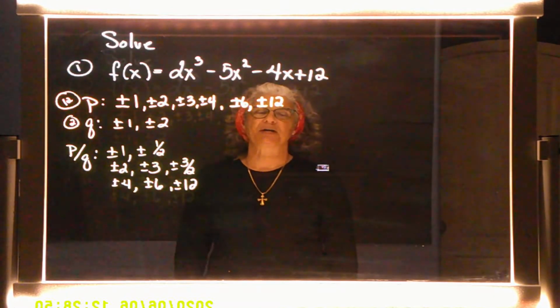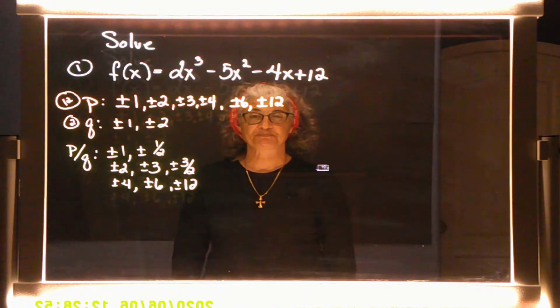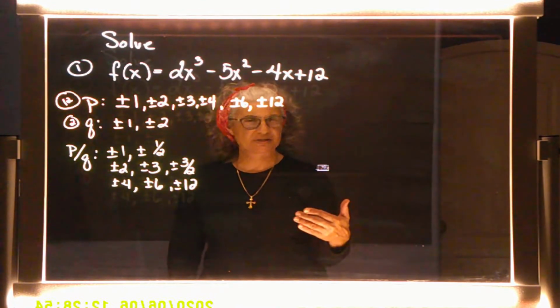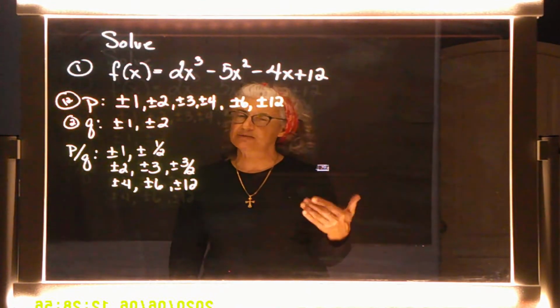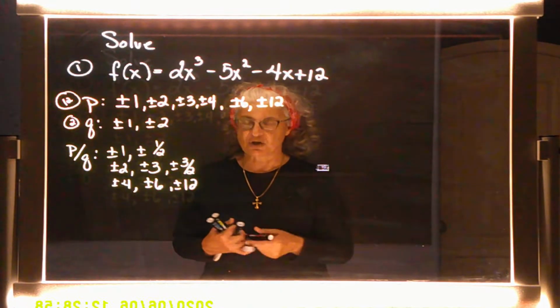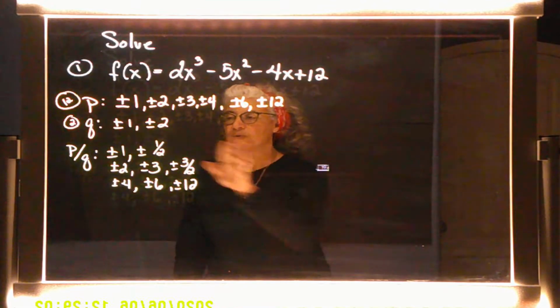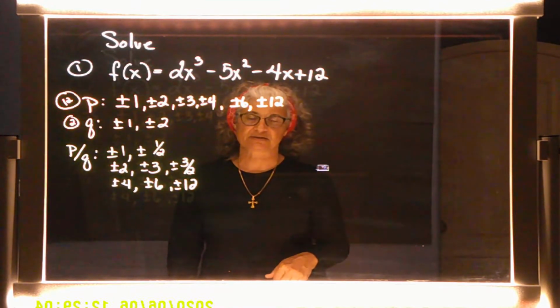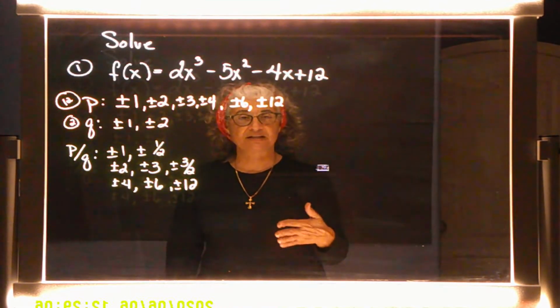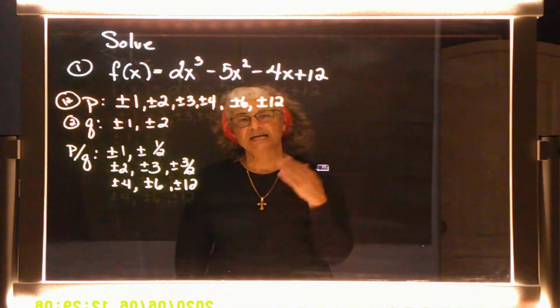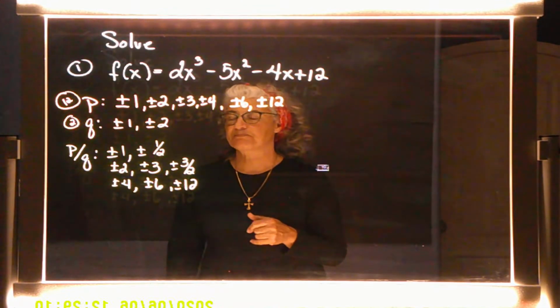Lovely. Okay, so now, some of you know how to do this next process that I'm going to show you, and some of you may not be so sure. What I'm going to do to help me figure out very quickly which of these will be solutions is something called synthetic division. Here's why I'm using that.